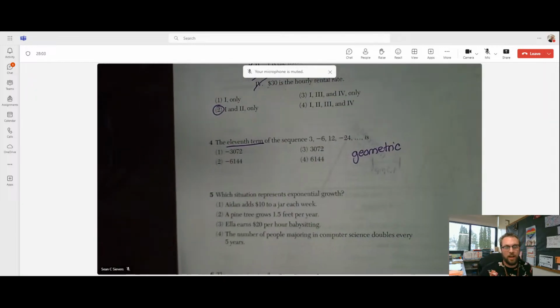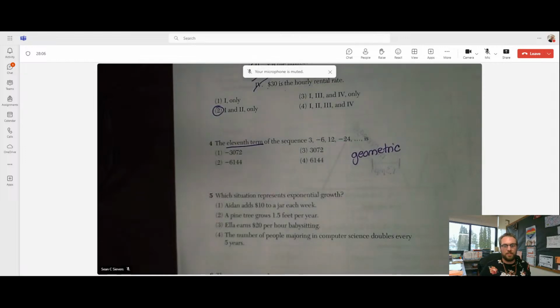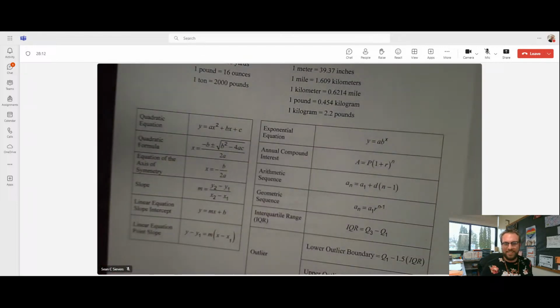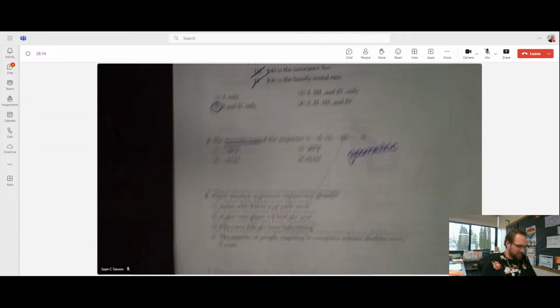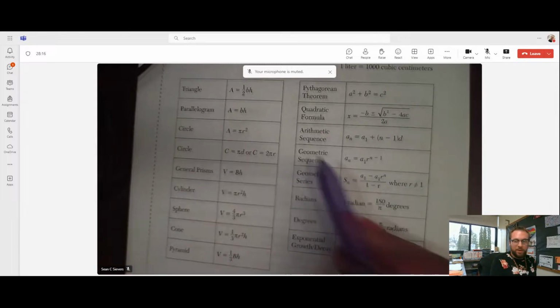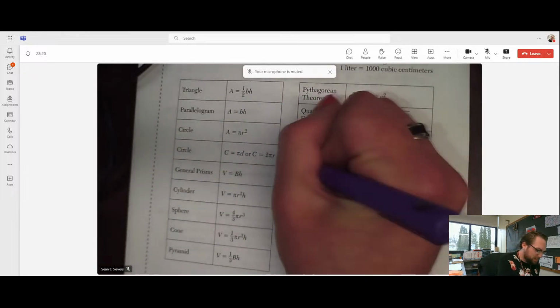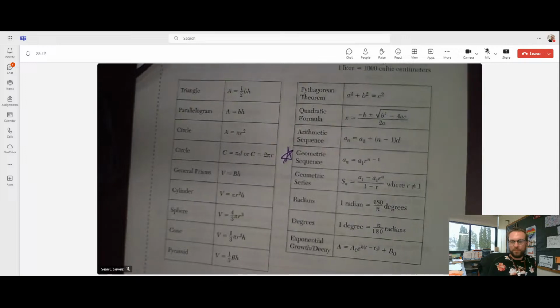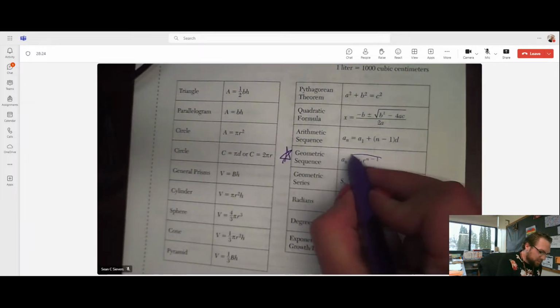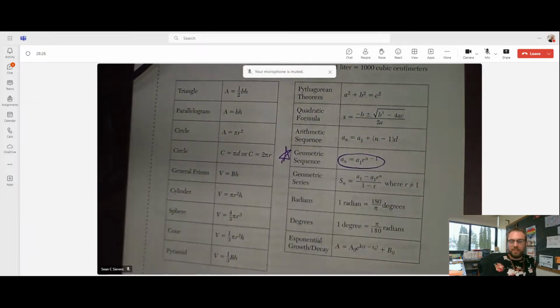And if you're thinking right now, I don't remember the geometric formula, good thing we have a reference sheet. Okay, so on the back of your Regents exam, I want you guys to find where it says geometric sequence. Let's put a star next to it. I'm going to use this formula right here to help me find the 11th term in the sequence.